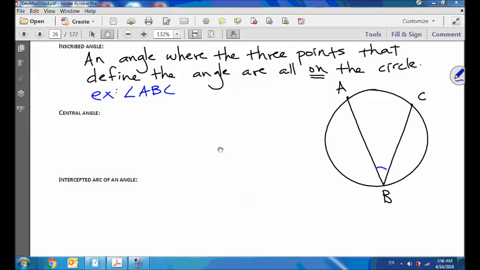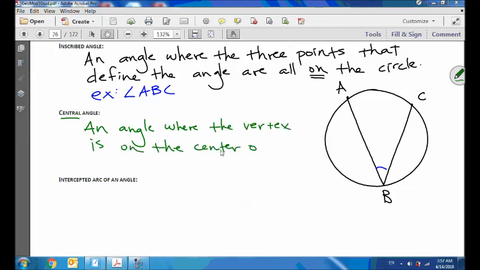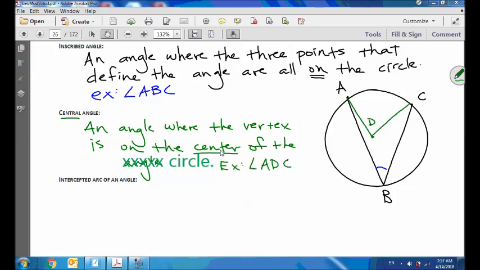It's an inscribed angle. A central angle, you might imagine that it has to do with center, which means that the vertex is on the center of the circle. For example, angle ADC is a central angle.